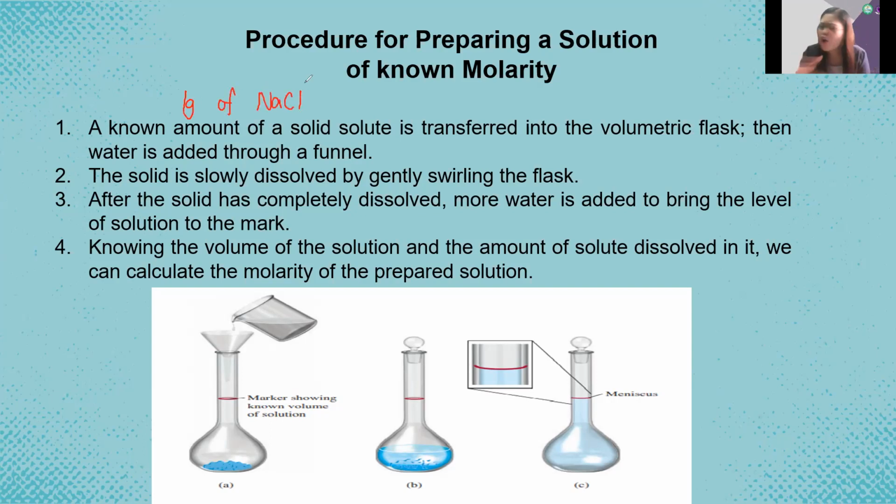Kasi ito yung pinaka-common and you can just access this in your home. I believe you have your table salt there. So the first step is you have to measure a certain amount of solid solute. To be exact, you have there the 1 gram of sodium chloride or 1 gram of table salt, and we will be transferring it into a volumetric flask.